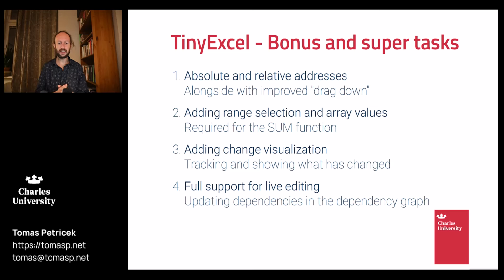And the final step will be support this live editing, where if I replace a formula, I have to remove handlers from all the previous ones and set up handlers for the new ones. So this is a bit more tricky last thing to do, but it's what Excel has to do when you actually change the code in the formula.